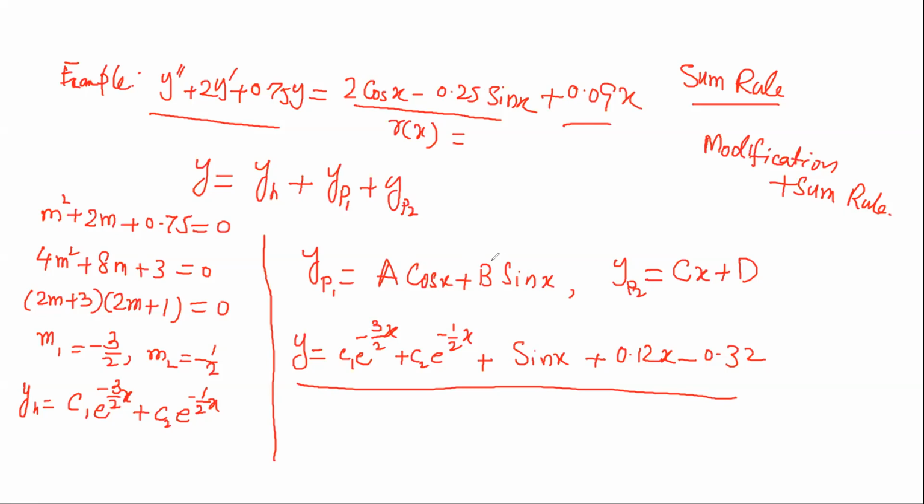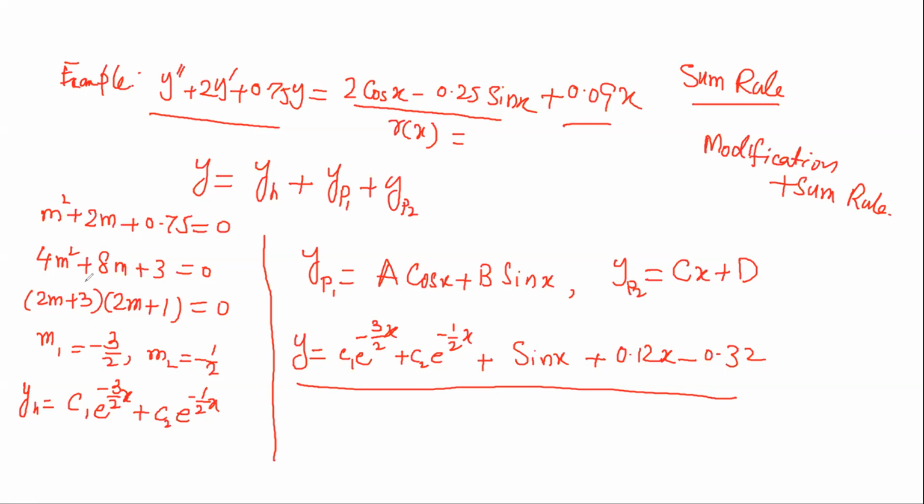Or if there is any exponential term with either of these values, for example -3/2 or -1/2. If one of the exponential terms over here is e to the power -3/2, then that e to the power -3/2 term will be multiplied by x.